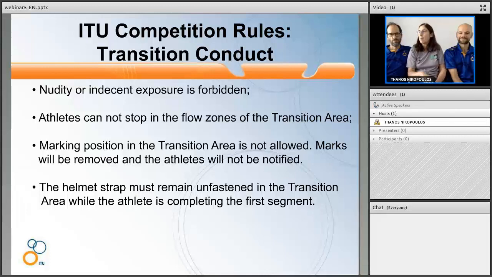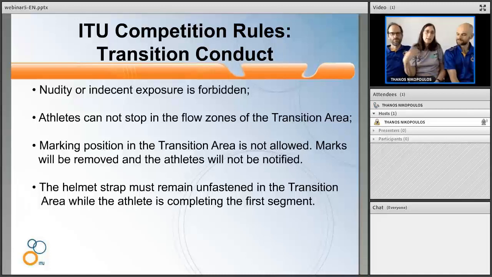Athletes cannot stop in the flow of the transition area. They must keep moving in one direction as dictated by the race. They can't mark their transition area in any way. We see people taking chalk or putting balloons or towels on the bike rack. They can't do any of that.